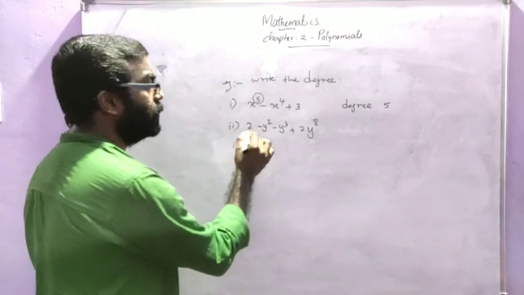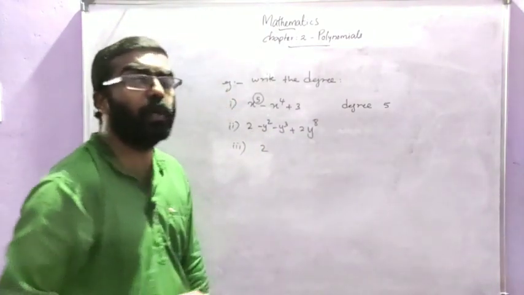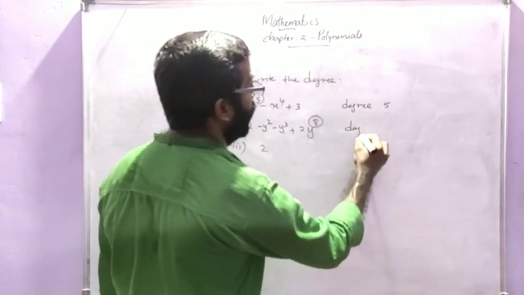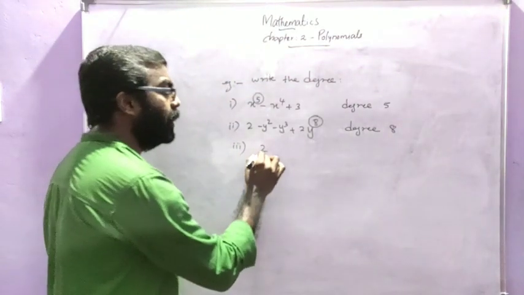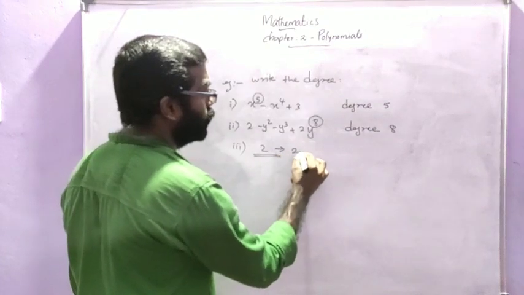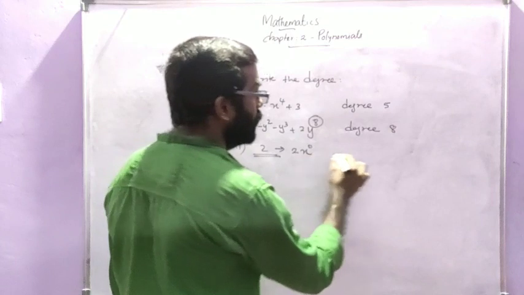The second one is 2 minus y square minus y cube plus 2y raised to 8, and here the highest power is 8, so the degree is 8. And in the last one, it is a constant. That means this 2 can be written as 2x raised to 0. Okay, and the degree is 0.